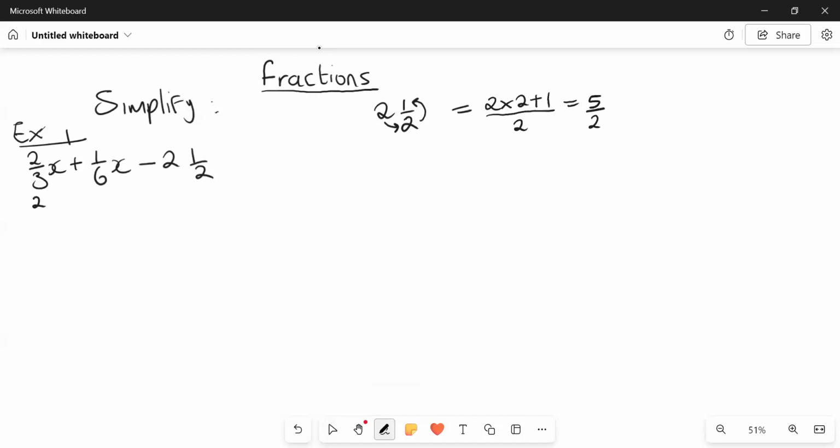So for this step, we were only converting that mixed fraction. So we have 1 over 6x minus. Now let me use a different color to show that I've already converted my fraction. Perfect. So now we have 2 over 3x plus 1 over 6x minus 5 over 2.